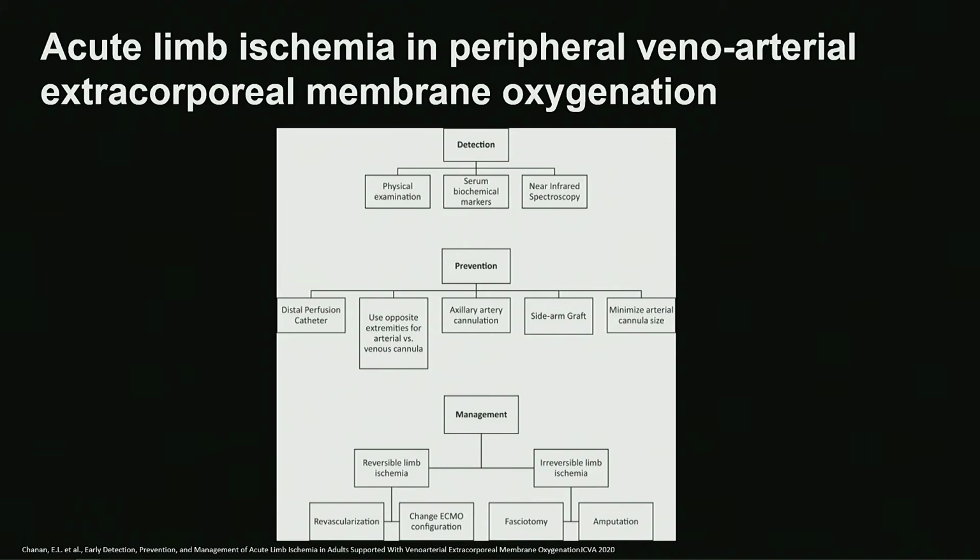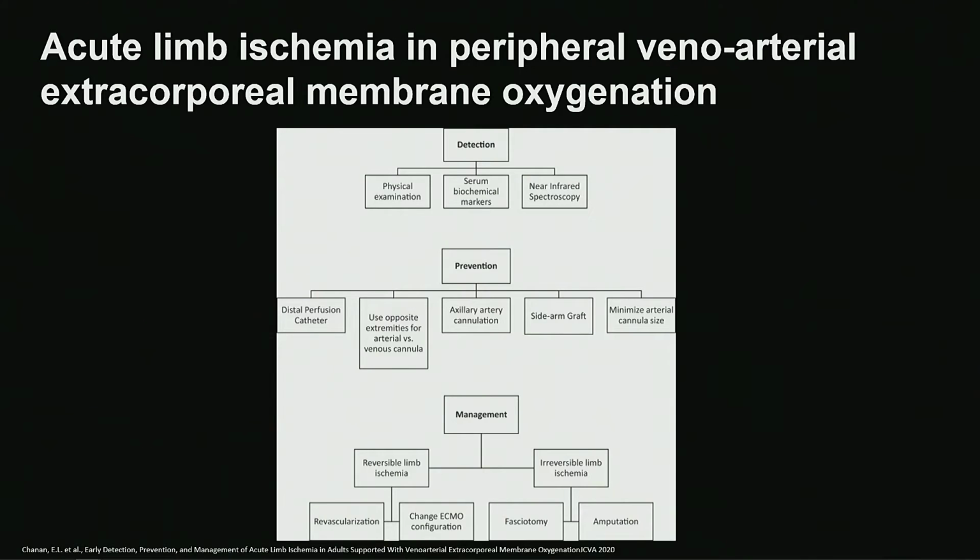Yes, there is physical examination and biochemical markers that are really important too. When we talk about prevention, things like putting in a distal perfusion catheter, a lot of sites will be really, really proactive in doing so. And in the management part of things, changing ECMO configuration and early revascularization helps. Obviously, you get to fasciotomy and amputation. That is not a good outcome.